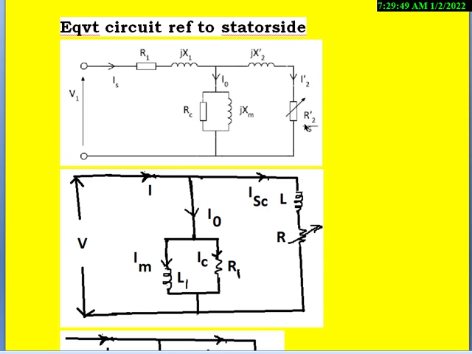And this I2 dash we represent in this circle diagram with ISC. This is under blocked rotor condition, that is the current drawn by the rotor.